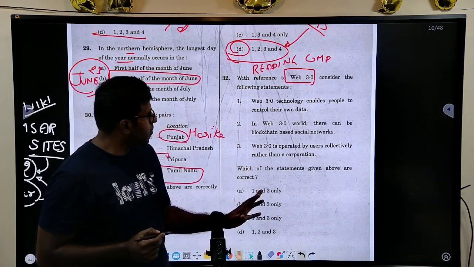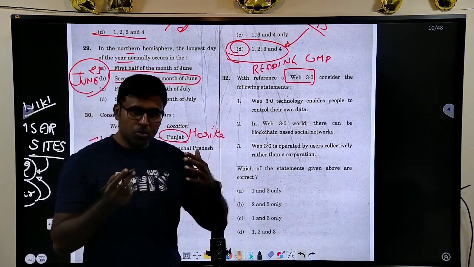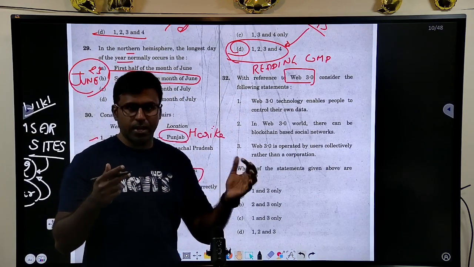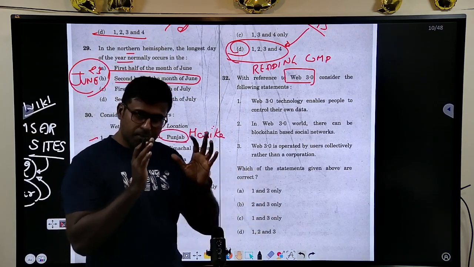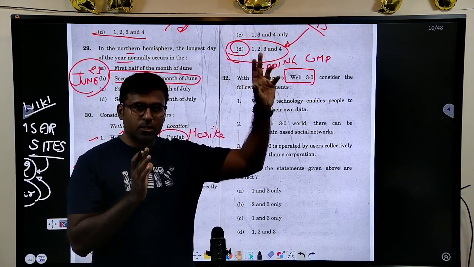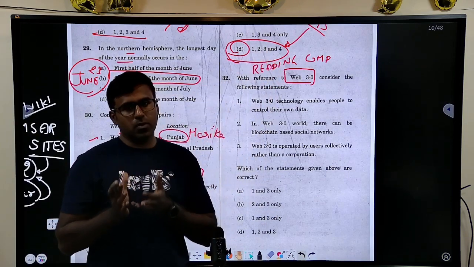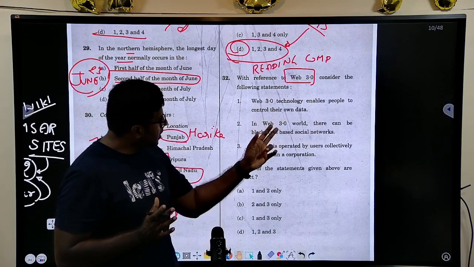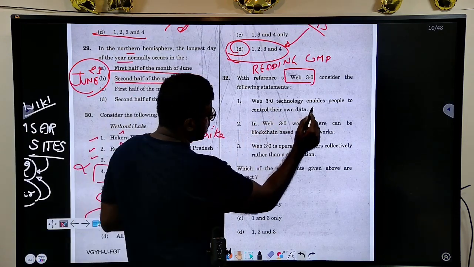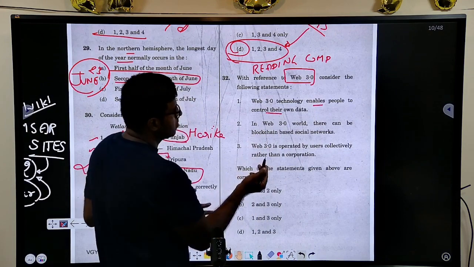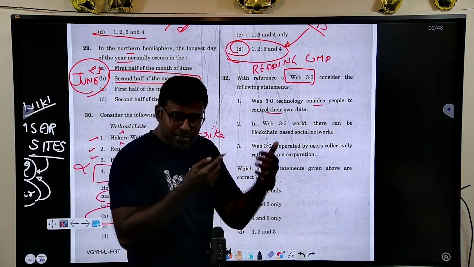This is reading comprehension. See, web 2, web 3, web 6, web 7, whatever. If web 3 is there, it enables people to control their own data. That is the logic.